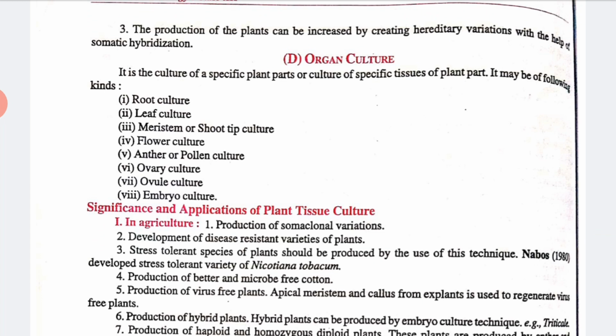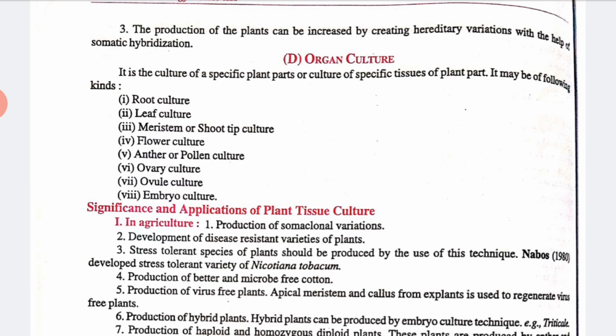Okay, so the significance and application of plant tissue culture may be in agriculture or in horticulture. If we talk about agriculture, it means production of somaclonal variation or development of disease resistant varieties of the plant, or production of better and microbe-free cotton.